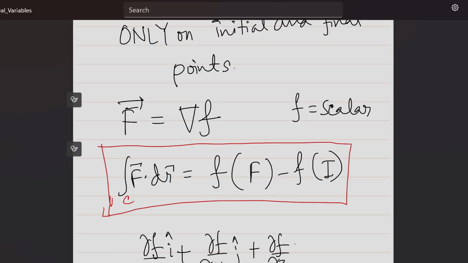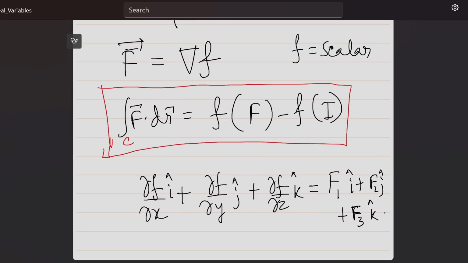equal to f1. Any question? Okay. I am writing this line; it is correct, I hope, because I am just writing the right hand side in the left hand side.